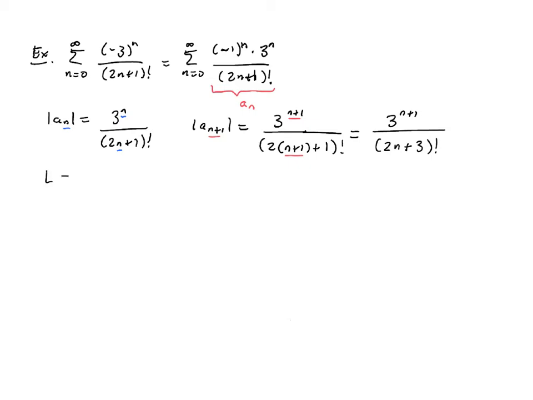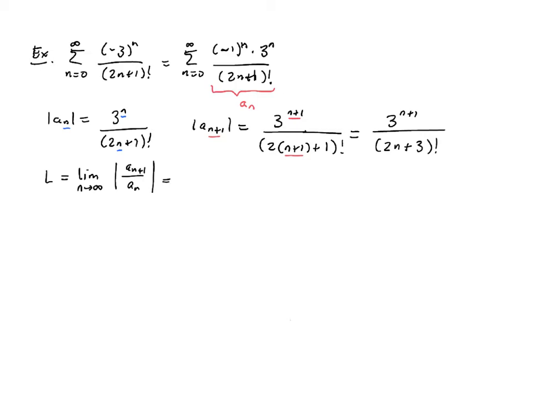Now the limit that I need to take for my ratio test is the limit as n goes to infinity of the absolute value of a_(n+1) over a_n. It is absolutely crucial that you get the n plus 1 in the top and the n in the denominator.